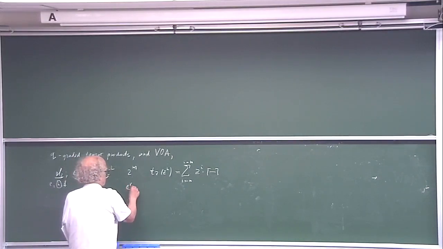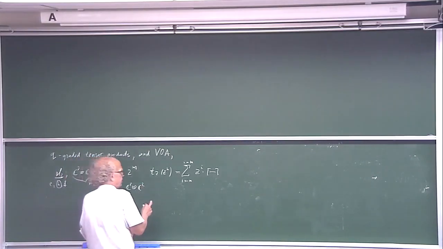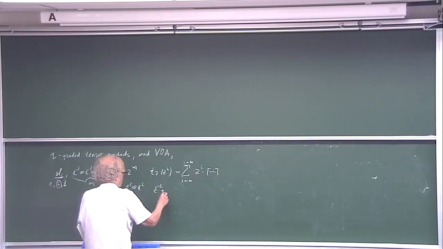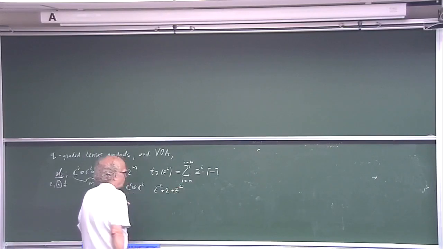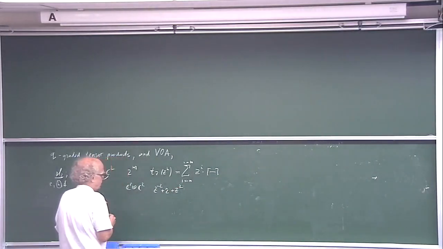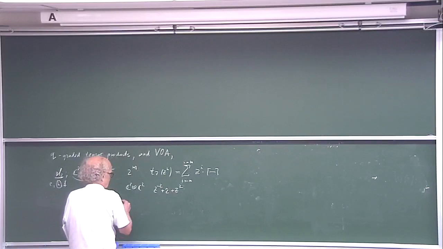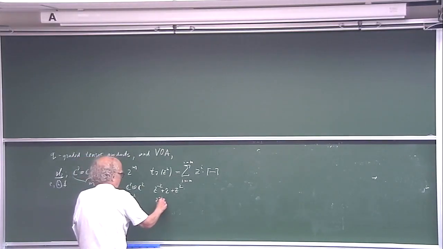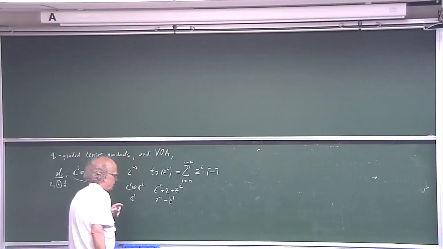Yes, and so for C2 times C2, what is this? To write this correctly, it is z minus 2 plus 2 plus z2, and if you have just C2, then it is z minus 1 plus z1.